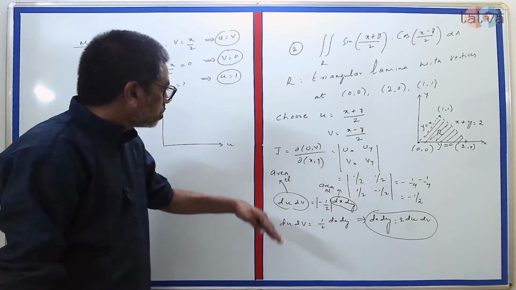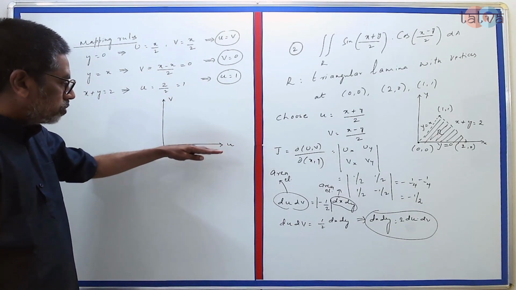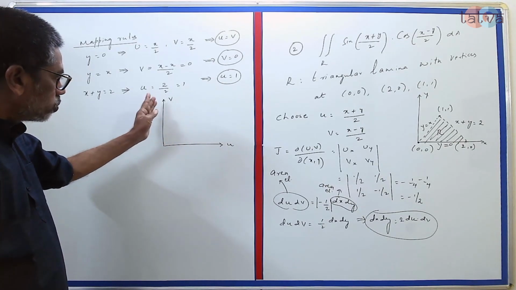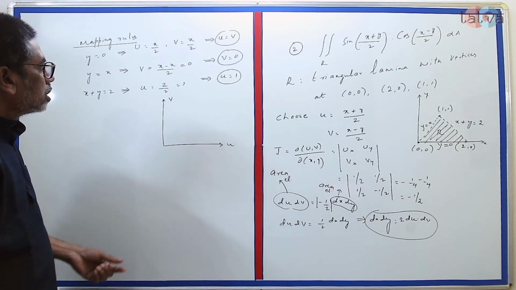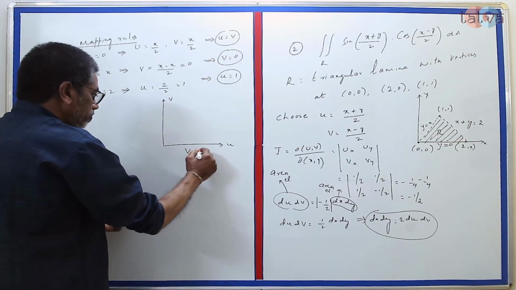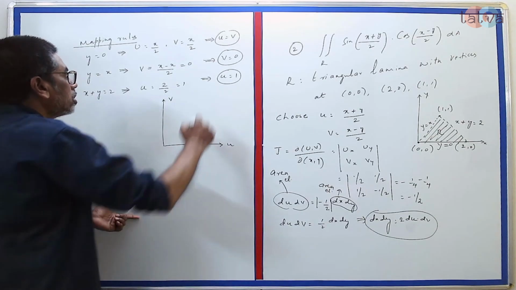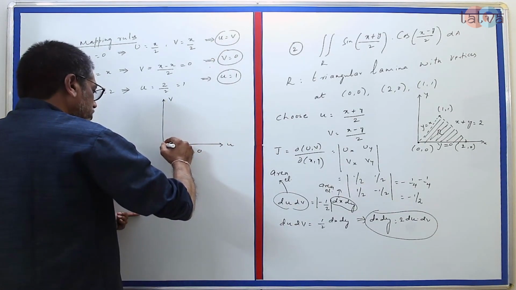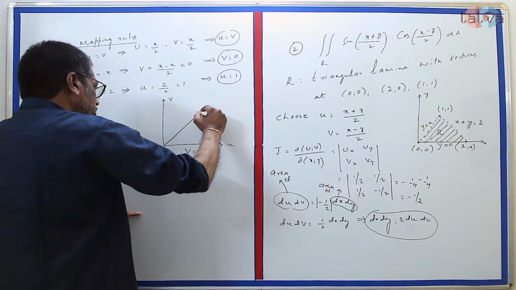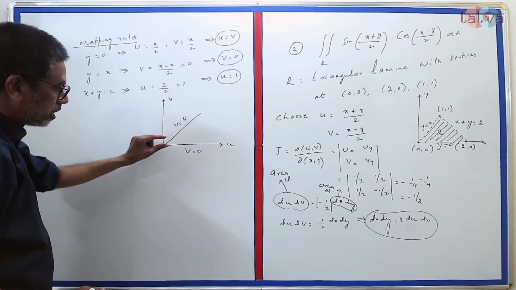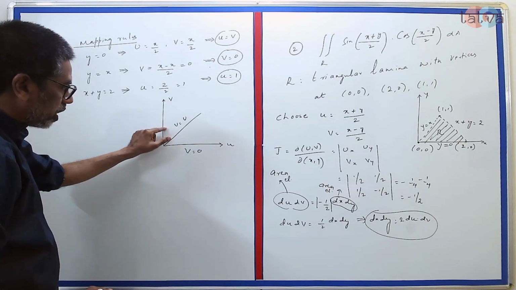Fine. So here we are. I'm now drawing an exclusive reference frame involving the variables u and v. Now, v is equal to 0 stands for the u axis. u is equal to v, or v is equal to u, stands for the line which appears like this, inclined at 45 degrees to both the u axis and v axis.